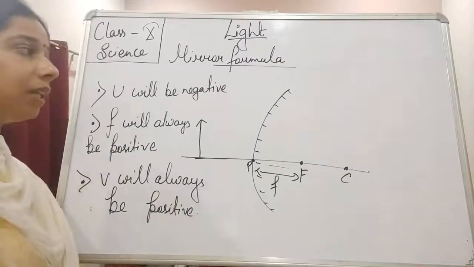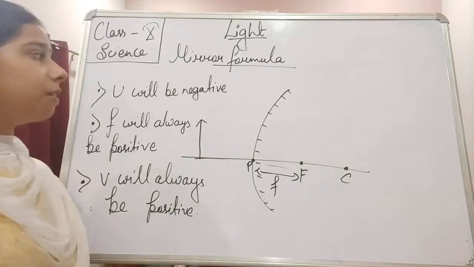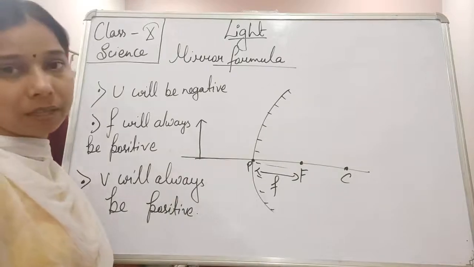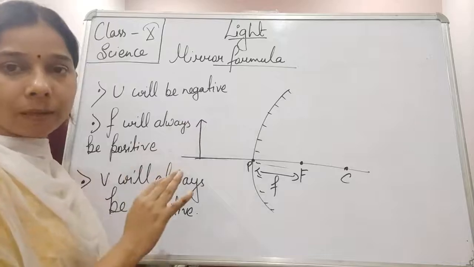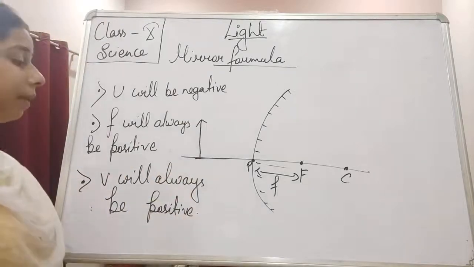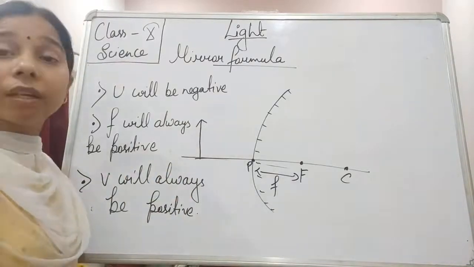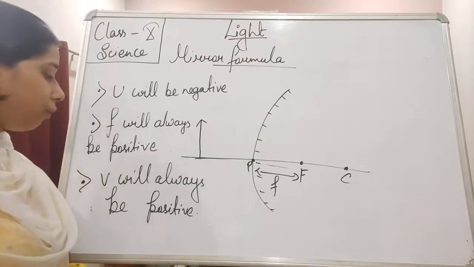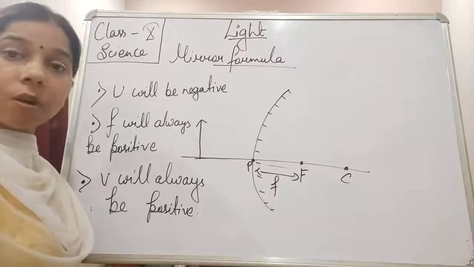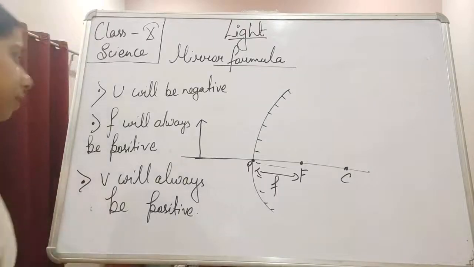So these are the three things that we have understood. First, u will always be negative because we are keeping the object in front of the mirror always. Now, the focal length, as it is having the virtual focus, will be positive, and v will also be positive.